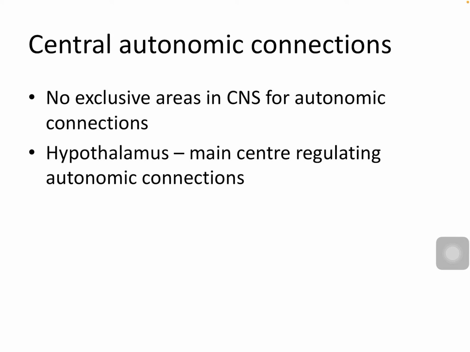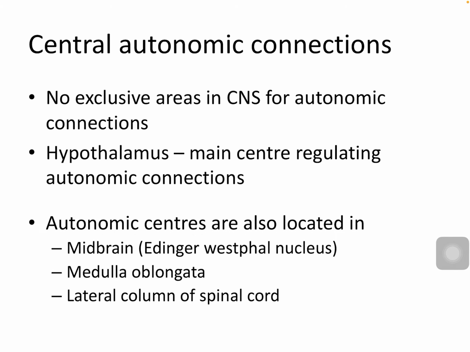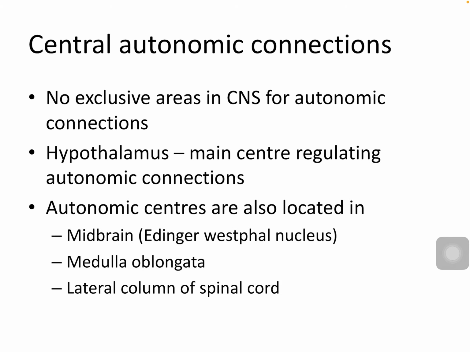It is the master structure which regulates all the autonomic connections in our body, while the autonomic centers are located in the midbrain, like the Edinger-Westphal nucleus, the medulla oblongata, and the lateral columns of the spinal cord. So all these are also autonomic centers. So moving on, autonomic efferents.